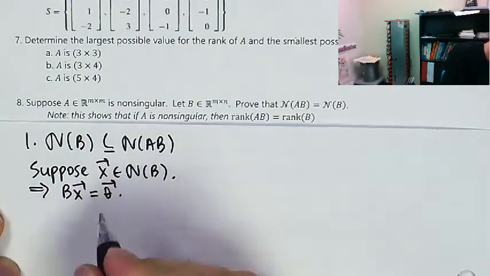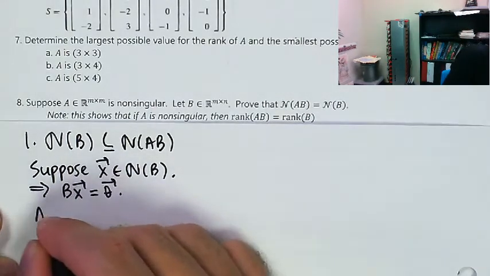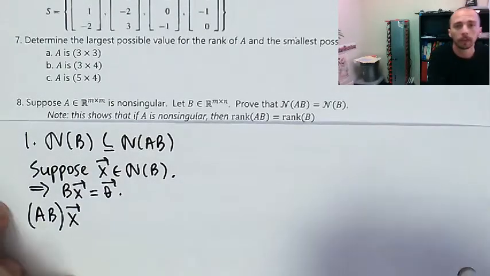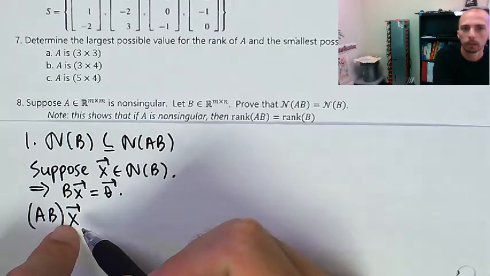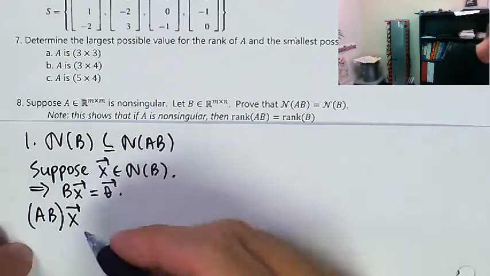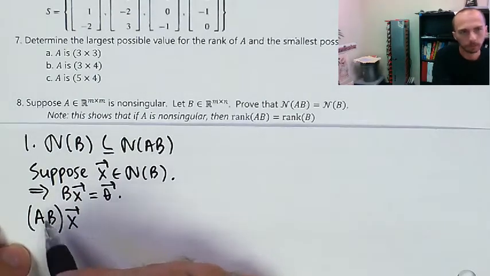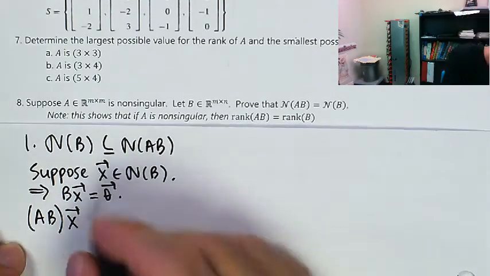Now I know how this is going to go. This is not going to be hard. We want to find out what happens when I take AB and multiply it by x, because if I get 0 back, then x is in the null space of AB. Matrix multiplication, so long as it exists, associates.